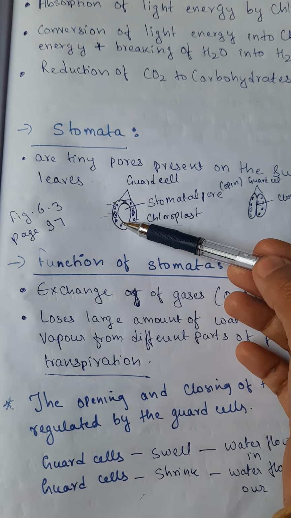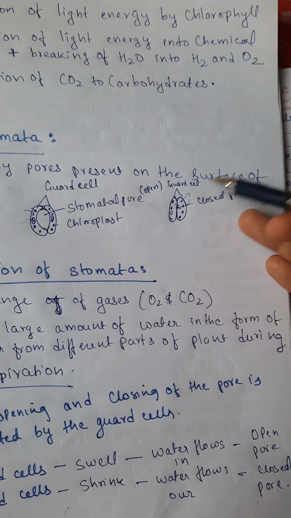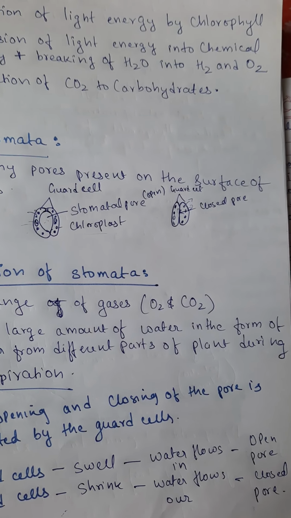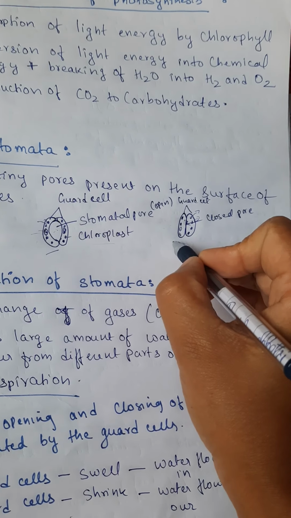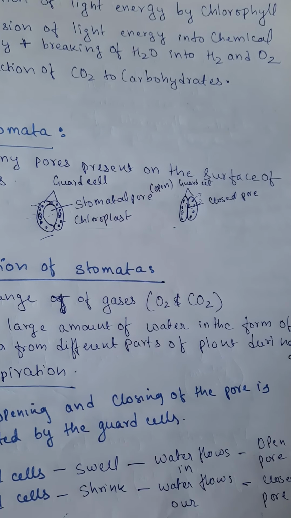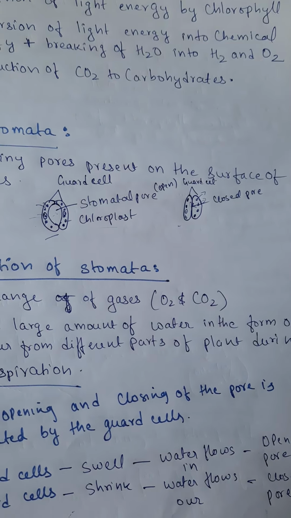There is no pore, you all can see that. Therefore, the closing and opening of the stomatal pore is regulated by the guard cells. Don't forget this one. And draw this diagram, figure 6.3, also in your exercise copy.